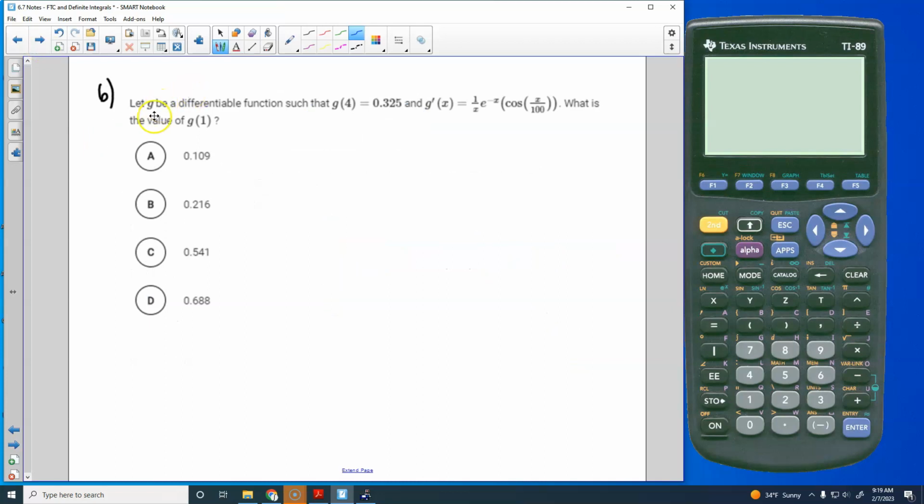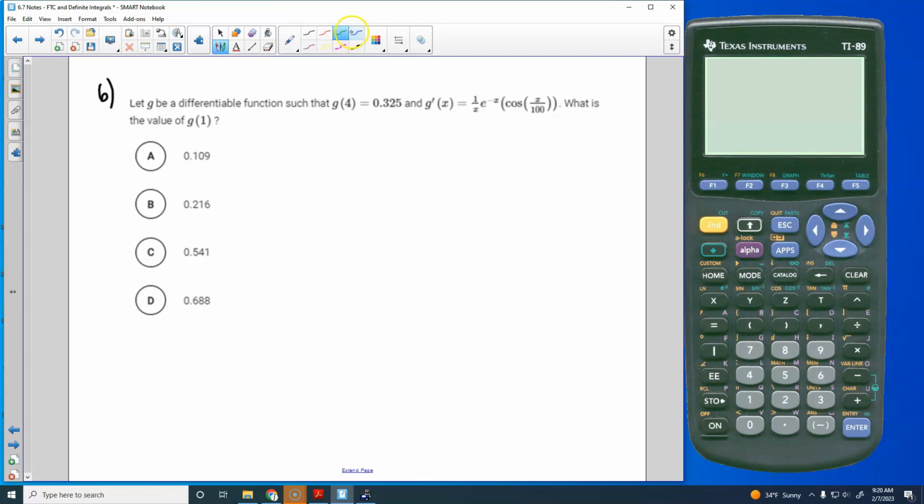Okay, so this time, g is the differentiable function, and we know g of 4 is 0.325. We got g prime, and this time we want to know the value of g of 1. So we're going to do this a couple ways again.